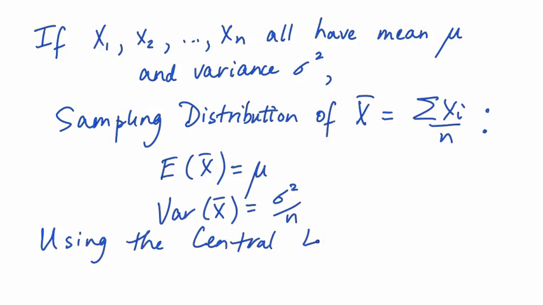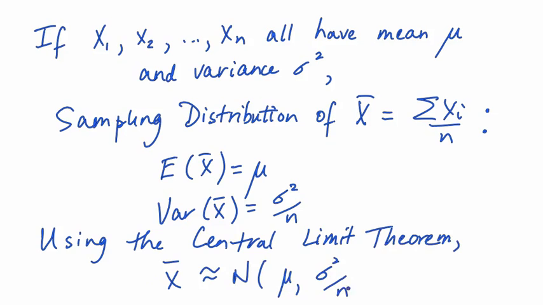This is similar to the results we saw for p hat, our estimate of a proportion or probability. Like p hat, x bar is unbiased, and the larger our sample size n, the more precise estimates we get because of the smaller variance or standard deviation.